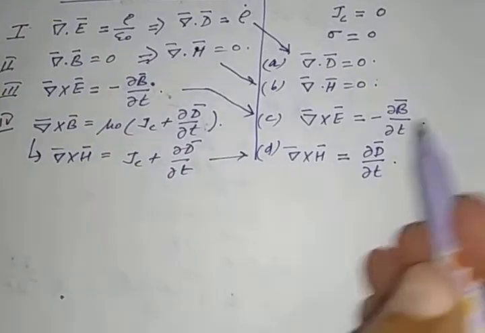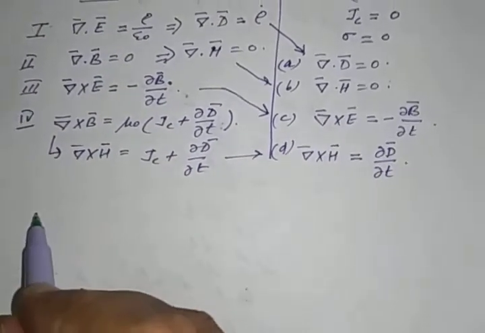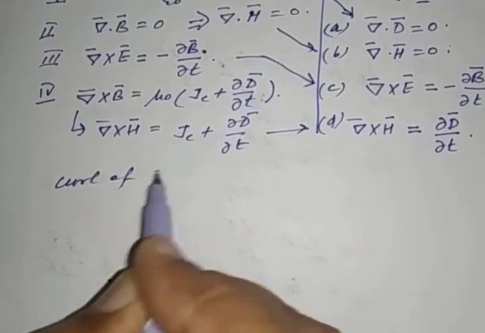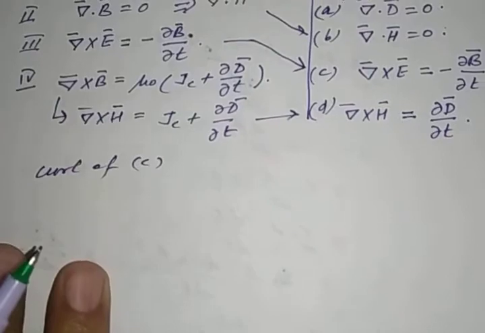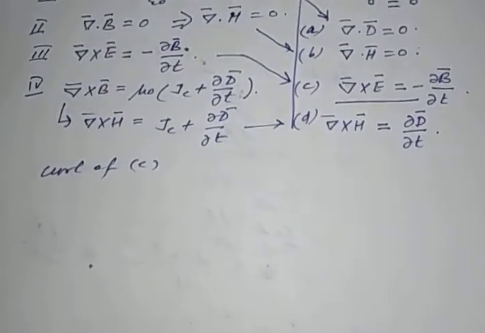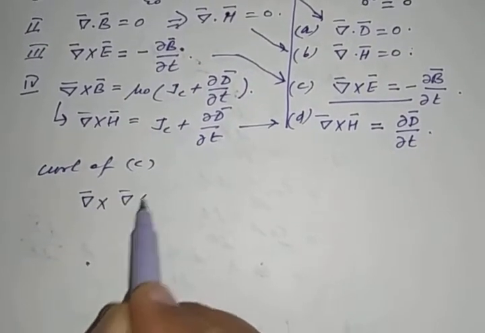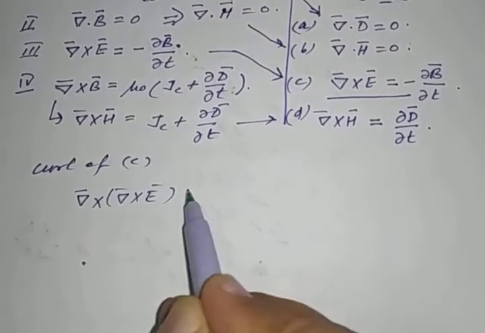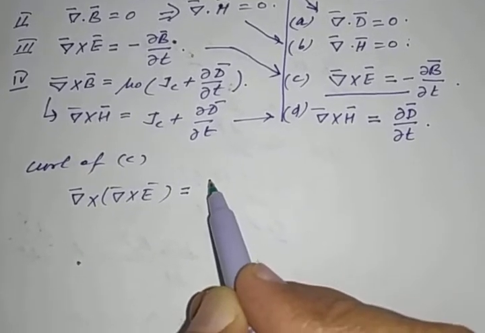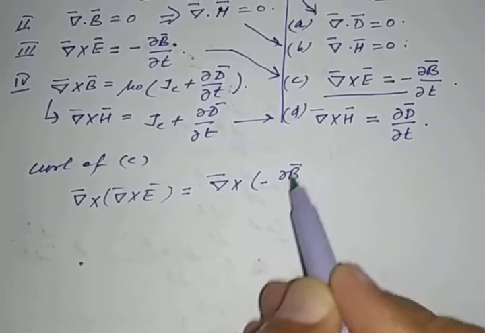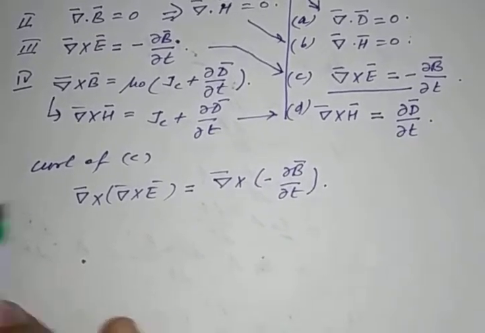So now to find the solution, we take curl of C. So curl of C means this equation needs to be curled. We have to take the curl of equation C. So that will be del cross E is equal to this.